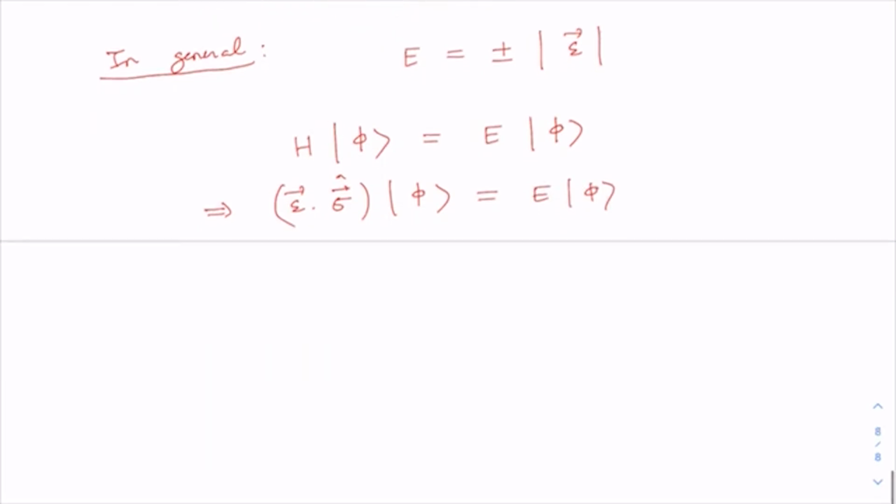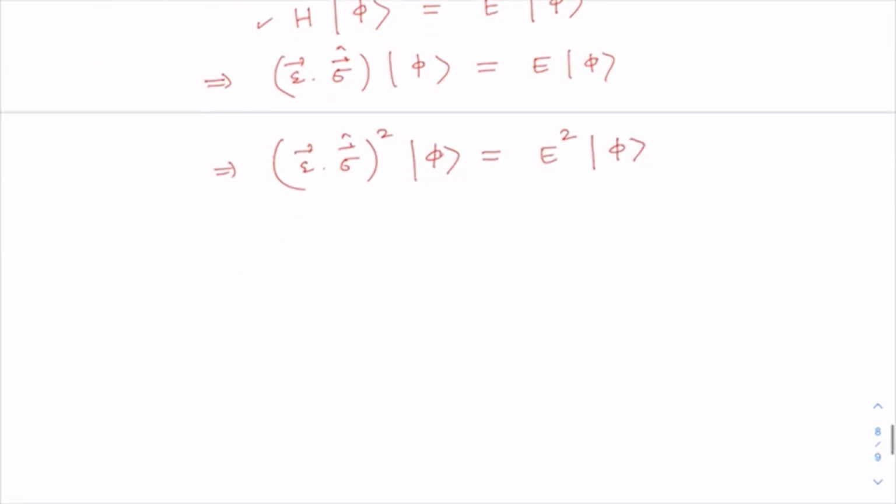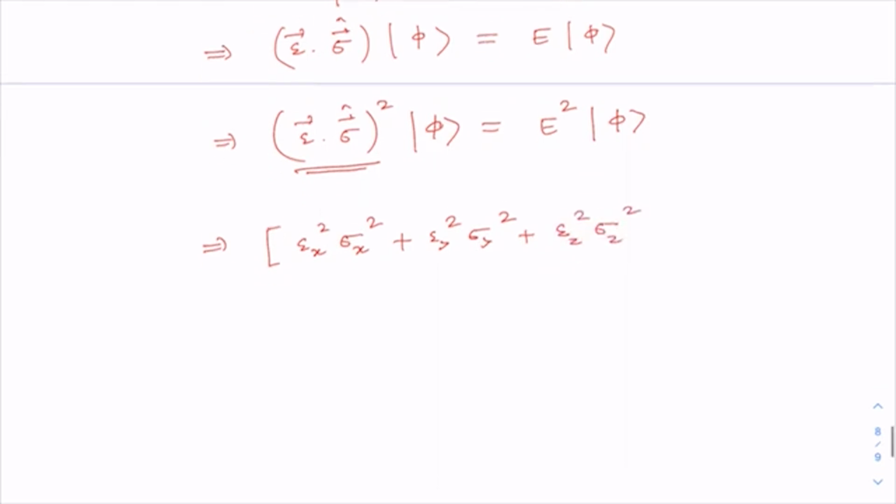Applying the operator H again on both sides, we will get epsilon dot sigma squared ket phi is equal to E square ket phi. Now if I open this up, let me write the complete term. You will get epsilon x square sigma x square plus epsilon y square sigma y square plus epsilon z square sigma z square.